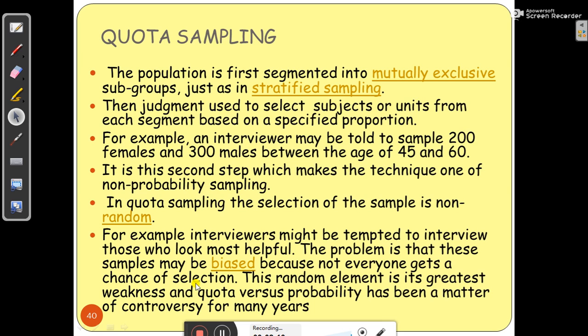This random element is its greatest weakness, and quota versus probability has been a matter of controversy for many years.